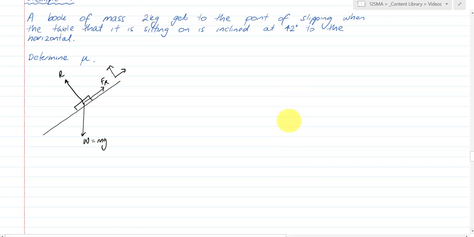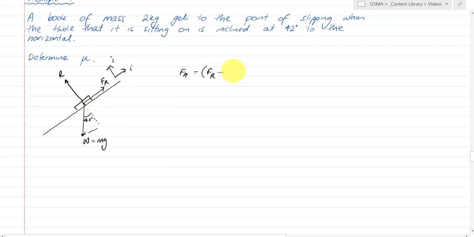Let's now build a component-based understanding of this situation. The overall force, which I call FA, is equal to the i components first of all. The i components of this force are Fr in the positive direction, minus our weight component, where this is our 42-degree angle here.